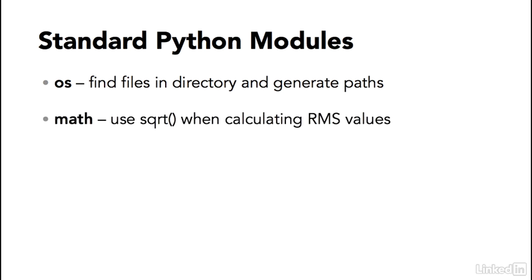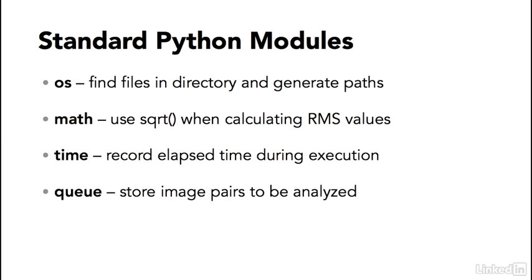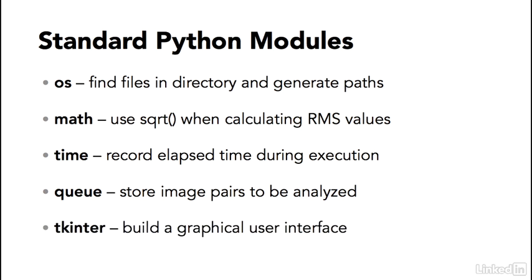From the math module, I used the square root function when calculating the root mean square, or RMS value for the image histograms. The time module made it simple to record the elapsed time during the program execution. And I used the queue module to maintain a list of all the pairs of images to be analyzed. Finally, I used the tkinter package with the themed TTK module to build a customized graphical user interface.